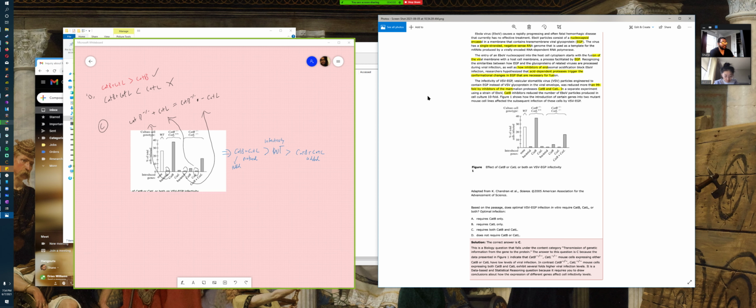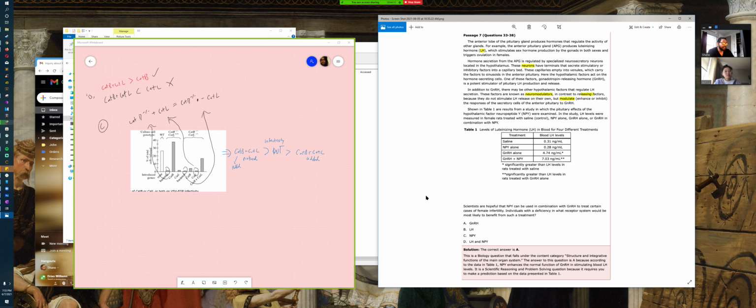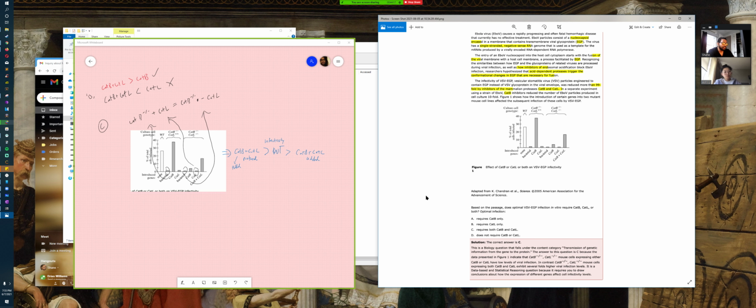The next one says, based on the passage, does optimal VSV EGP infection in vitro require cat B, cat L, or both? Oh, this is from before. So see how I did this over here? I think you knew that from an earlier question.